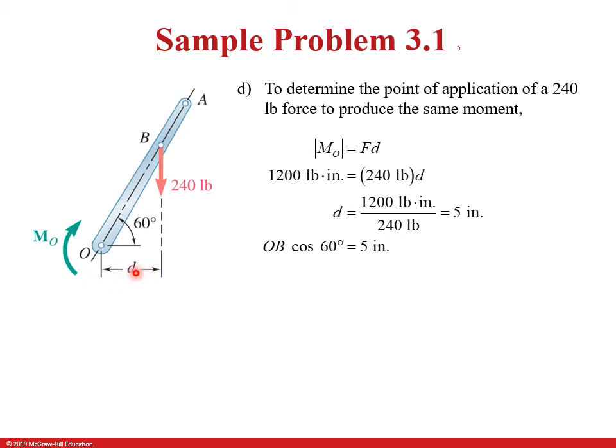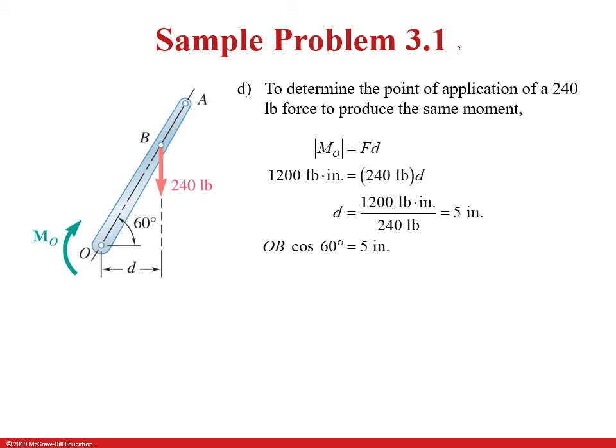Well, again, we use geometry. We define an arbitrary distance d. We know our moment. We know the force we want. Now we've got to solve for d. D is 5 inches. But then where along this lever do we put it? So we're looking at a triangle now where d is 5 inches. We want to know the hypotenuse of that triangle, OB.